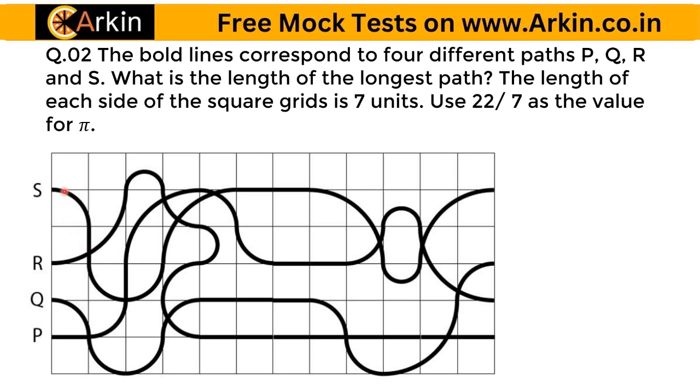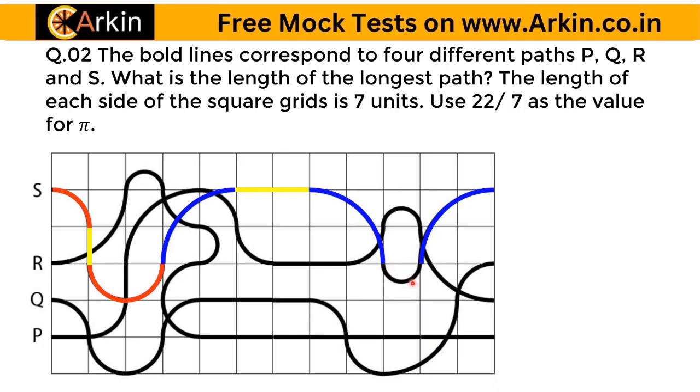First let us mark these curves, and if we combine these three, we can see this will be part of a circle, 3/4 of a circle with radius 7 unit. Similarly, this will be another 3/4 of a circle with radius now 7 plus 7, 14 units. And this again a straight line 7, 7, 7, 21.